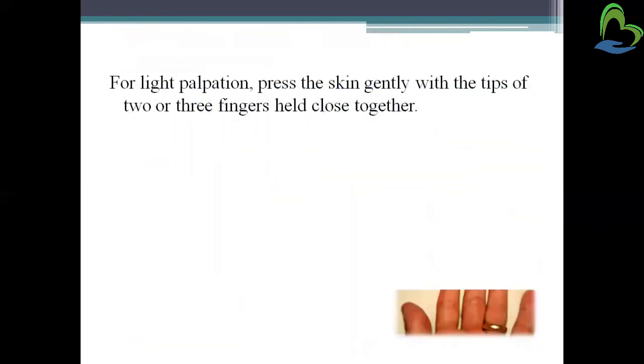Then the next is light palpation. You press the skin gently with the tips of two or three fingers held close together. You are going to use the pads of the middle three fingers, as shown in the figure.